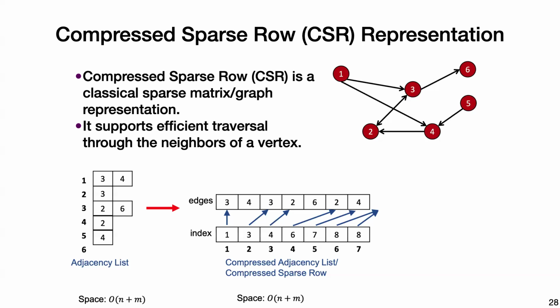You could iterate through the adjacency list and build edges and index as you go. You could also do it in parallel with prefix sum, because this is basically a prefix sum on the degrees. So you could do a prefix sum on the degrees here, and then in parallel copy in edges and index.